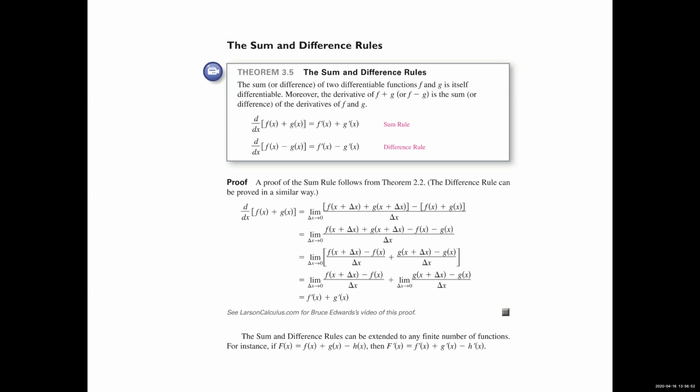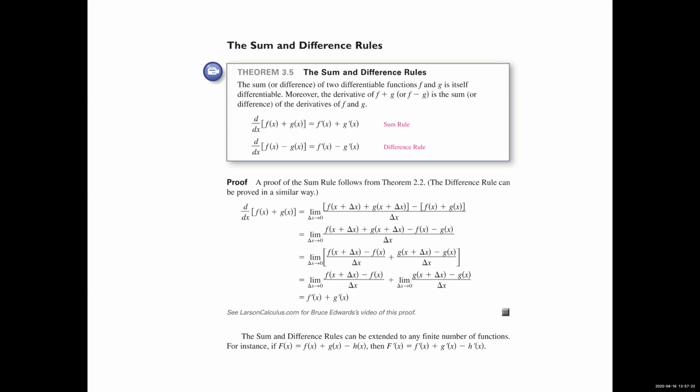You add f of x and g of x and put it in the limit definition of the derivative, and then you evaluate this limit in terms of f of x and g of x. At the end, you will get the derivative of f of x plus g of x equals f prime of x plus g prime of x. And it also applies to the difference between f of x and g of x.